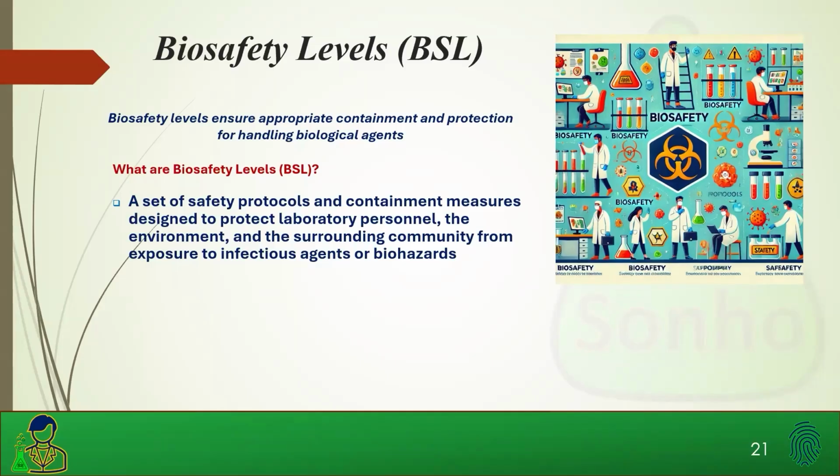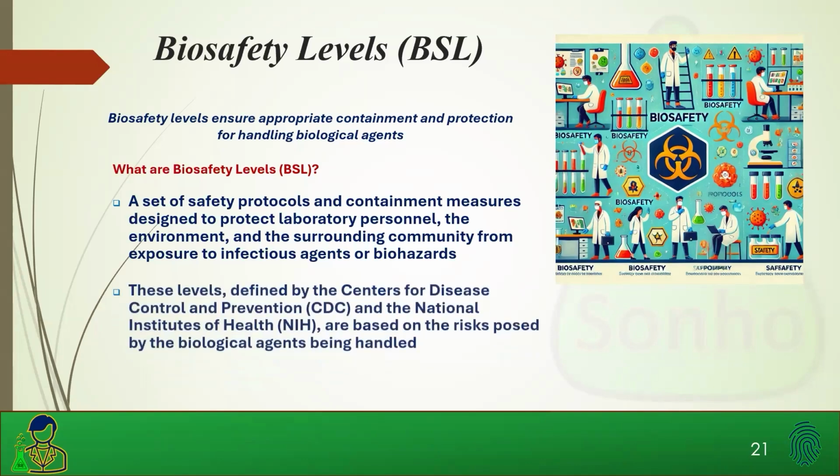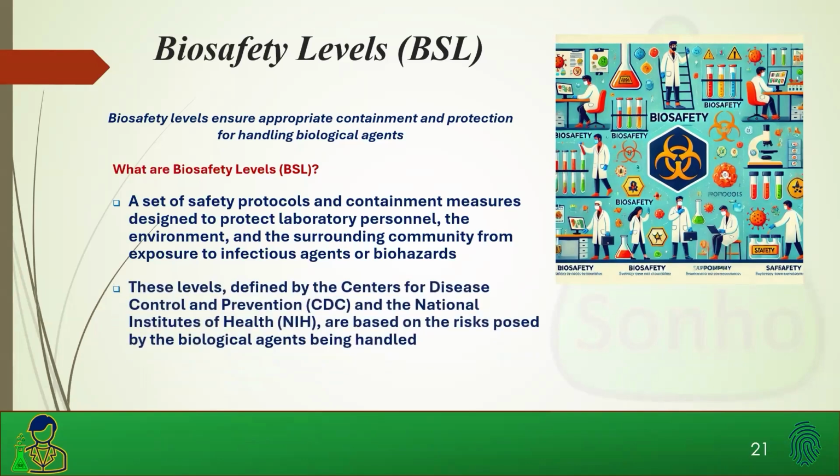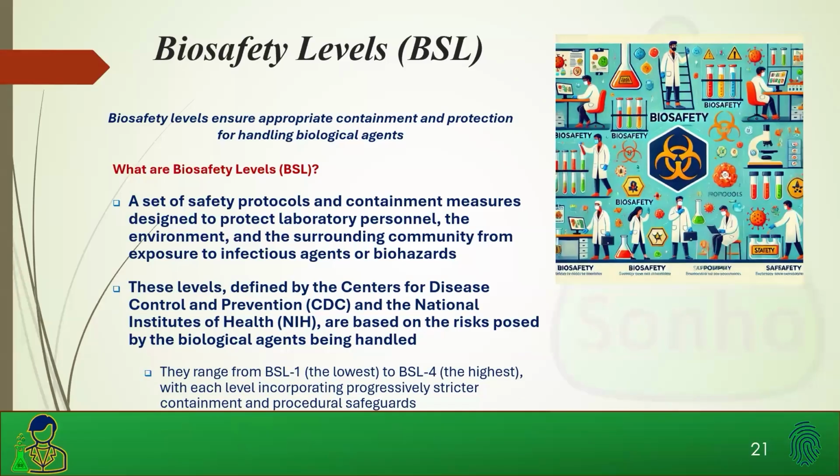Sorry, biosafety levels are actually administrative controls with engineering controls tapered in. These controls, defined by the CDC and the NIH, are based on risk posed by the biological agents being handled. They range from BSL-1, the lowest, to BSL-4, the highest, with each level incorporating progressively stricter containment and procedural safeguards.